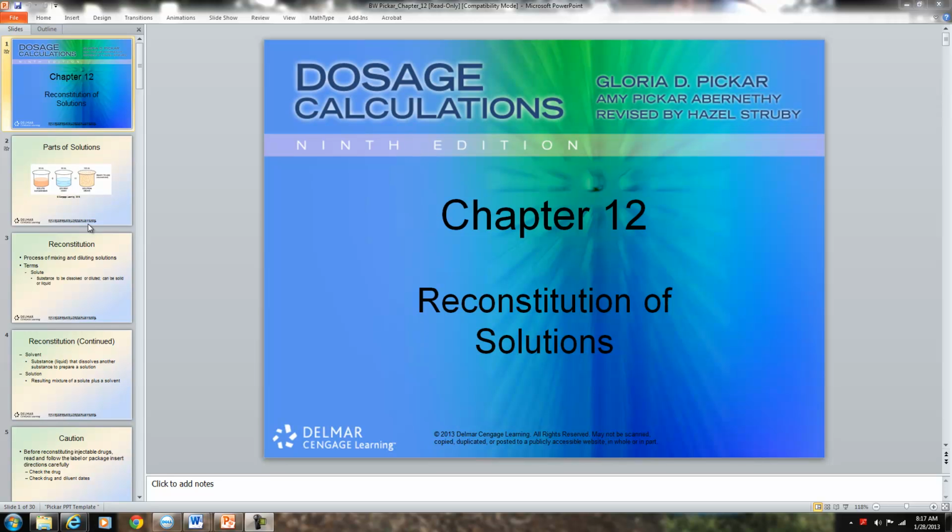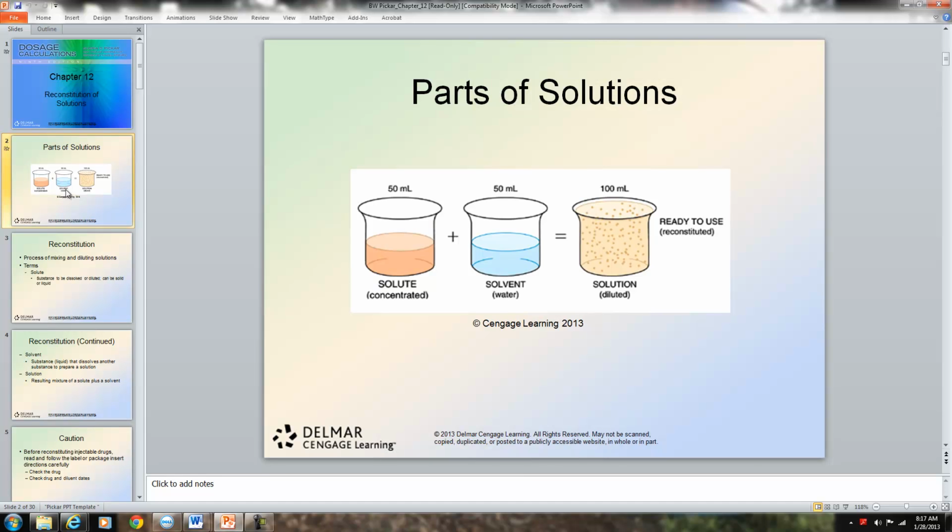In Chapter 12, we're going to be talking about solutions. Remember that if you have a solute, that would be the solid or the concentration.